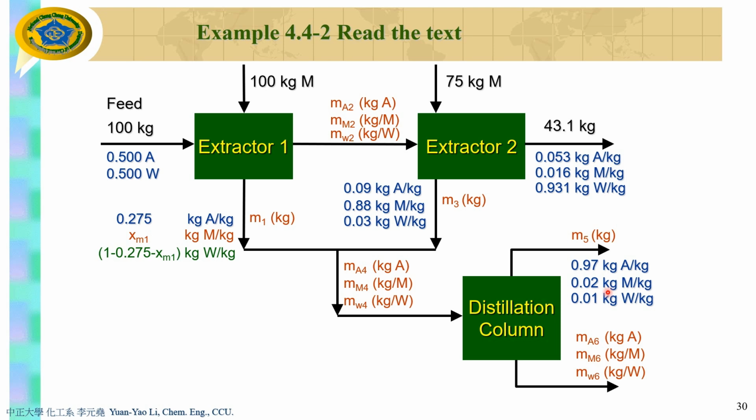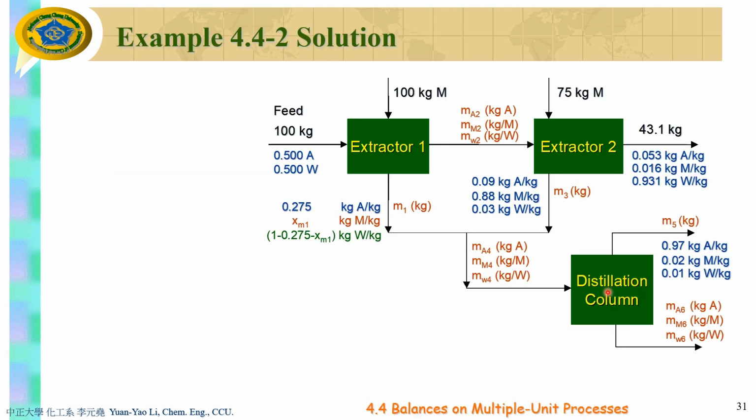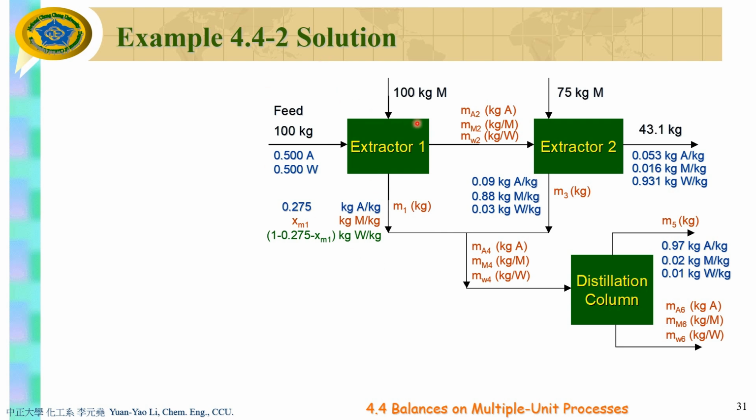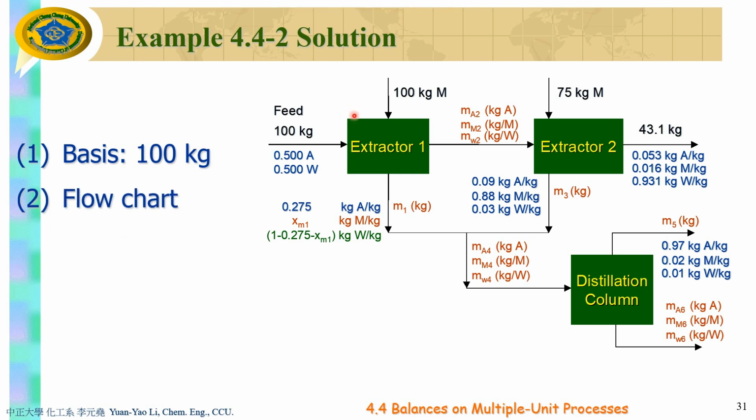That's the thing you need to do first. So I made this flowchart smaller, looking like this, and let's do it step by step. Remember, basis, flowchart. Write down the flowchart and do a DOF analysis.